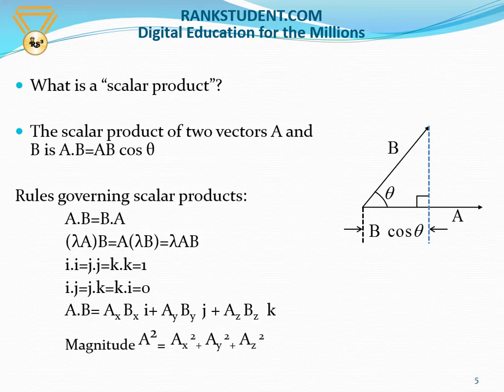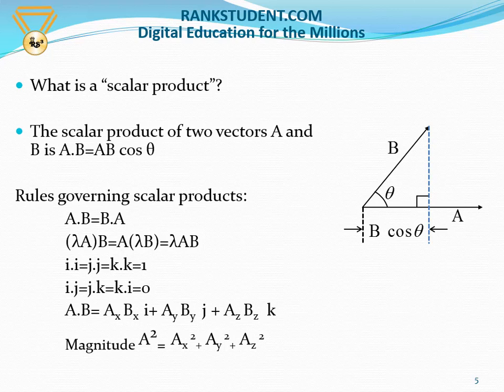A dot B is equal to AX BX plus AY BY plus AZ BZ, which means when you take the dot product of two vectors, the components of the two vectors A and B in the X, Y, and Z direction individually multiply.